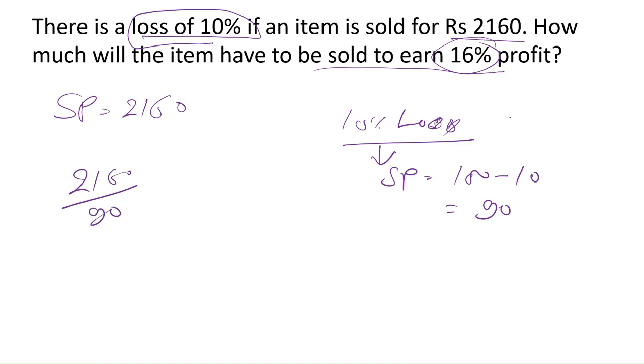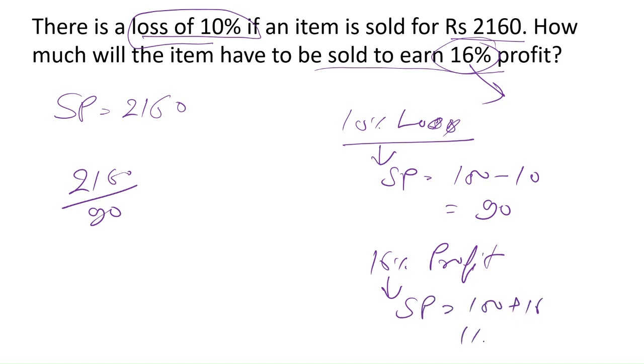Okay. Now we have to earn 16% profit. Then what will be SP? SP will be 100 plus 16, 116. Then simply multiply by 116. 0, 0 cancel out. 9 times 24 is 216.